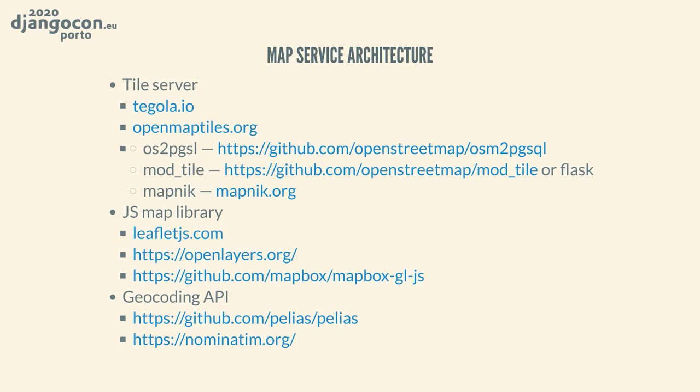There are also plenty of JS map libraries, decent ones like Leaflet JS, OpenLayers, and Mapbox GL. I would mention those. Also, there are geocoding API servers like Pelias and Nominatim.